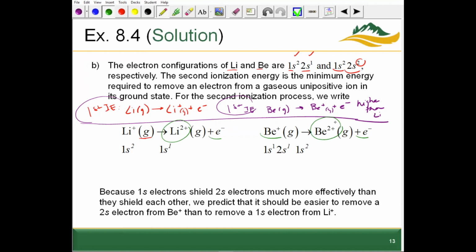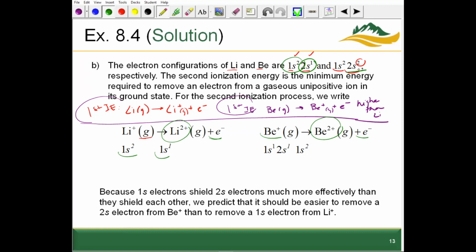For lithium to lose its first electron, it loses it from this subshell, 2s. For beryllium to lose one electron, it loses it also from 2s. For lithium's second ionization energy, it only has a 1s2 subshell that's filled. 1s2 to lose yet another electron is just 1s1.